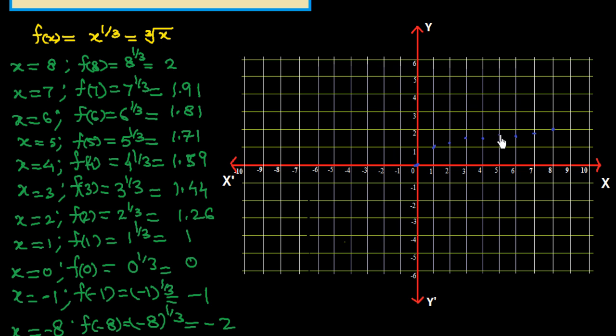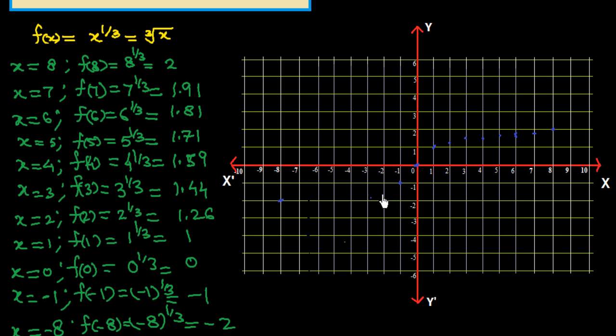In this way we get all the points. For the negative points, if x is equal to minus 1, then f of x is equal to minus 1, and if x is equal to minus 8, then f of x is equal to minus 2, so we get those here. In this way we get the points for this sort of function.